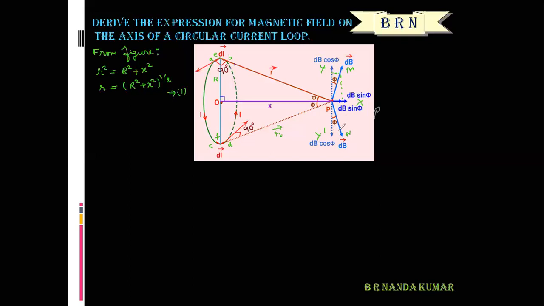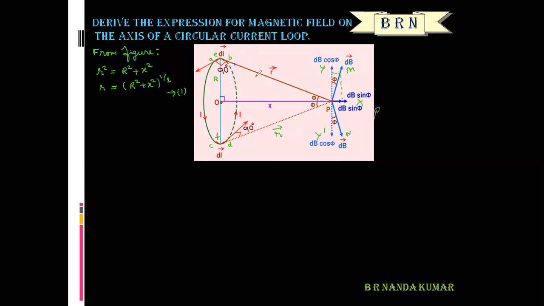This is the perpendicular, this is the hypotenuse, and this is the base. The base component is dB cos phi and the perpendicular component is dB sin phi.